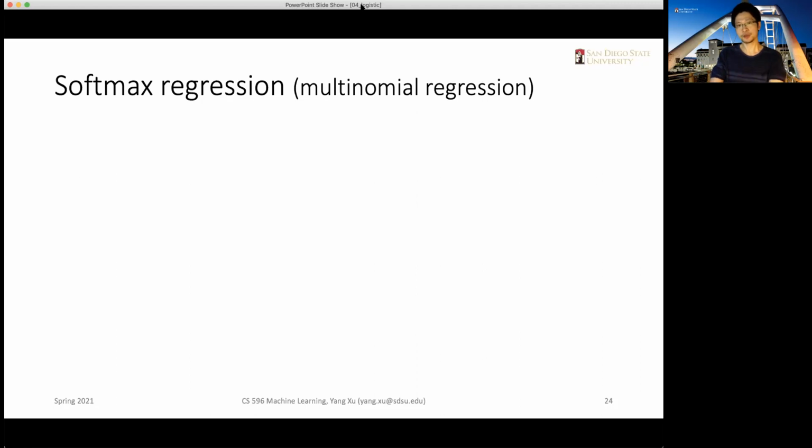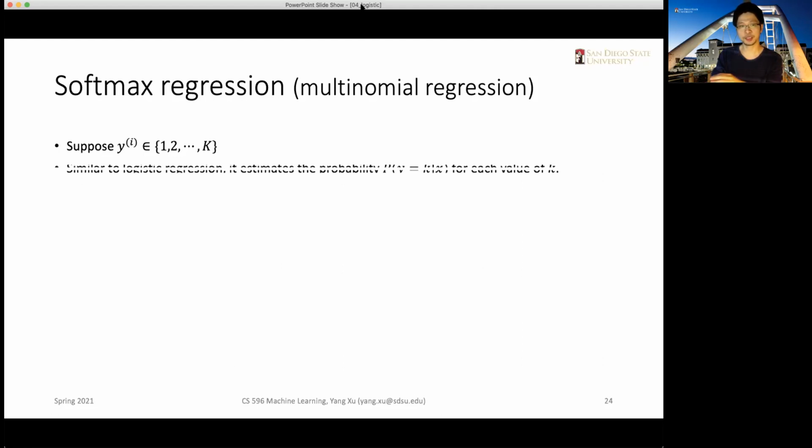It's also called multinomial regression. If we look at the problem, it has k possible values for the output y, so the label ranges from 1 to k. It's similar to logistic regression in that we need to model the probability of y equal to a certain value of k given the data point.